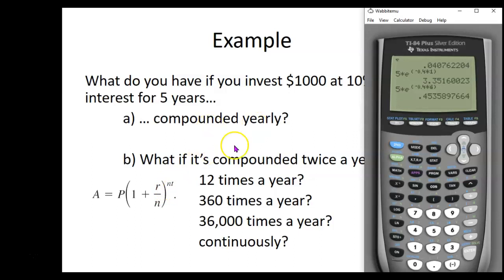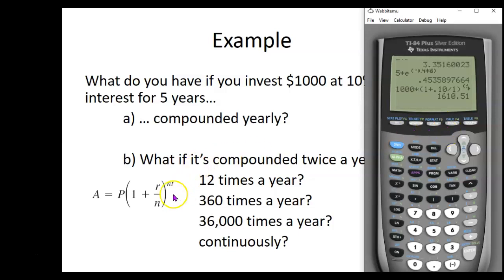So if we're compounding yearly, that's just once a year, N would be 1, and the formula would be 1,000 times, in parentheses, 1 plus 0.10 divided by 1 to the 1 times 5 power. And that gives you $1,610.51.